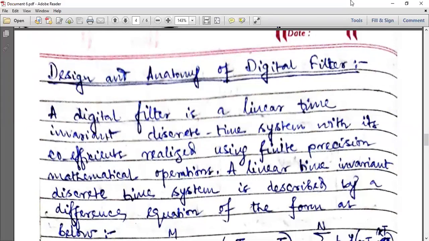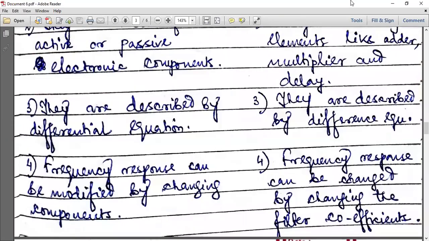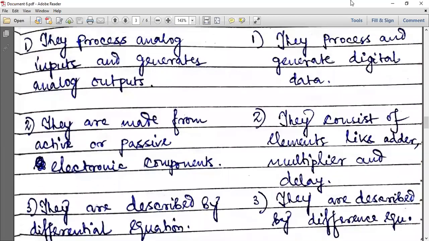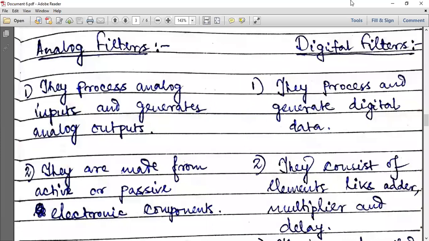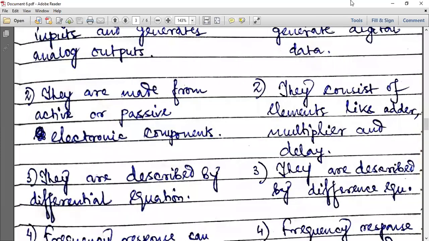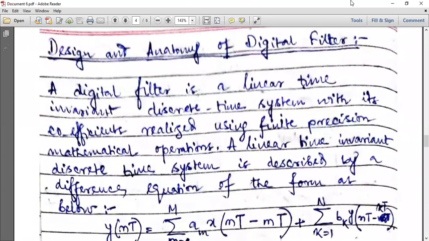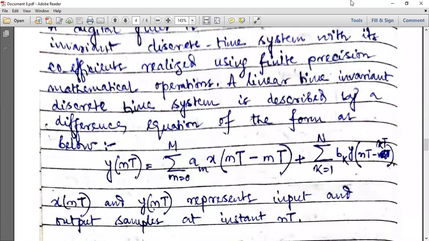In my previous note, I gave one difference between analog and digital filters. Go to point number 3. I've written on the left hand side that analog filters are described by differential equations, but digital filters are described by difference equations. So there is our difference equation that we are getting today.